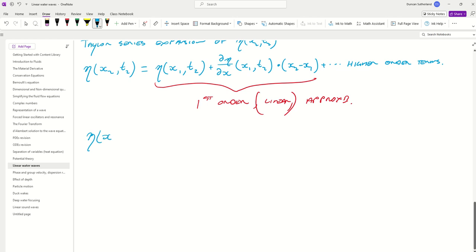we get eta(x1, t2) plus d eta/dx (x2 minus x1). So this is the Taylor series bit. Equals, this is the thing from the velocities bit.